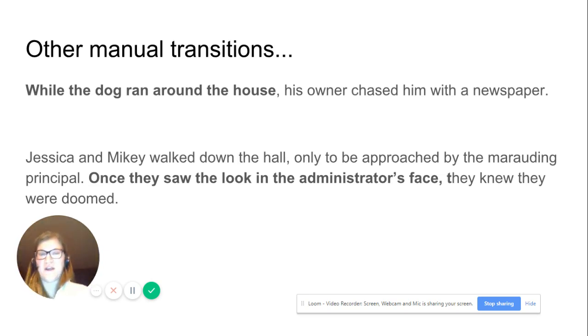This transition shows a direct and clear relationship. And again, I cannot put that in any other piece of writing. It only fits right there. It's a manual transition because you've crafted it for this spot. Okay.